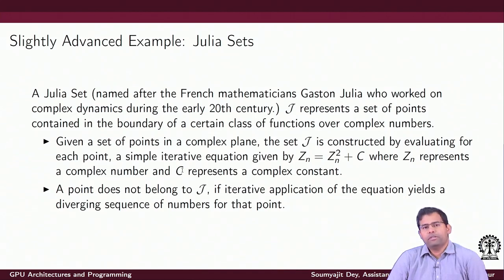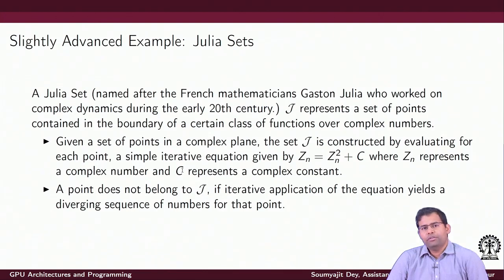Now, J represents a set of points contained in the boundary of a certain class of functions defined over complex numbers, and we define this kind of sets as follows: you are given a set of points in the complex plane. A set J can be constructed by evaluating for each point a simple iterative equation, which is given by this.